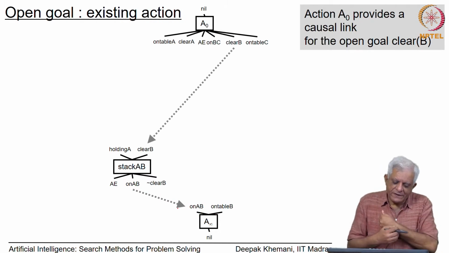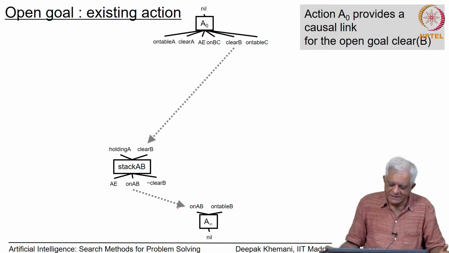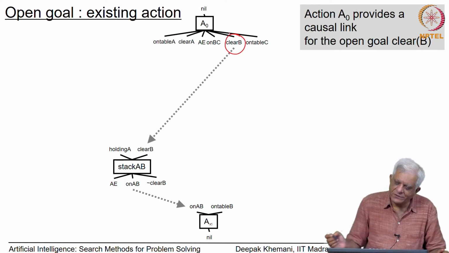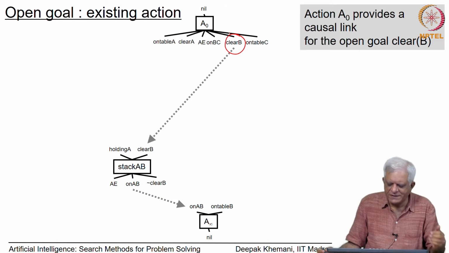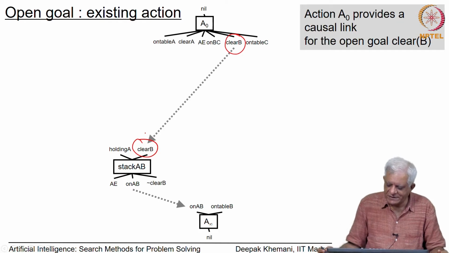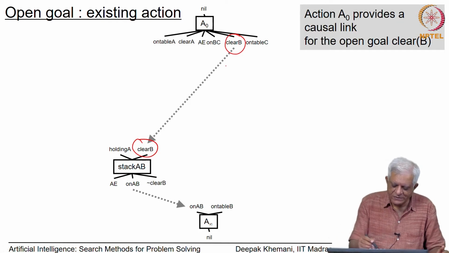Now, another way of solving an open goal is to find an existing action. You can see here that clear B is true in the start state, which means it is produced by the first action, and that is what you needed. So, you can just go ahead and establish a causal link between this, and the causal link is represented by this arrow.